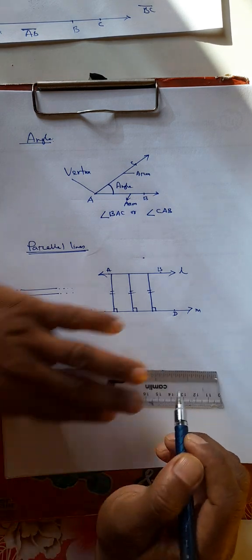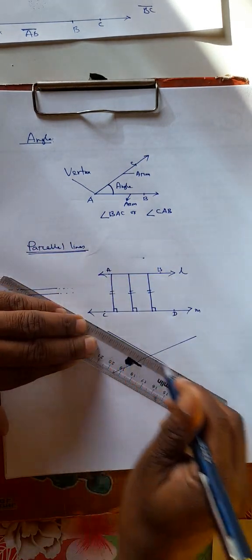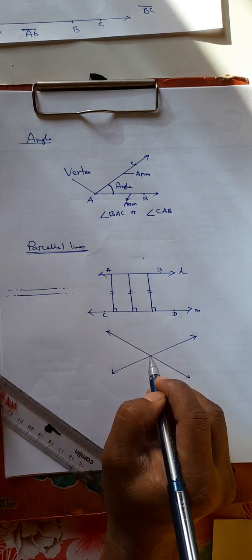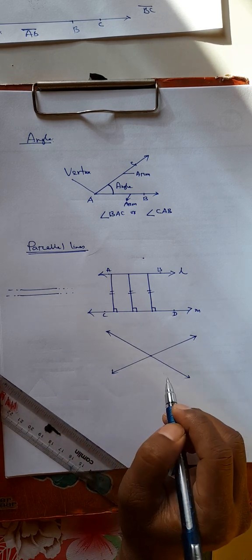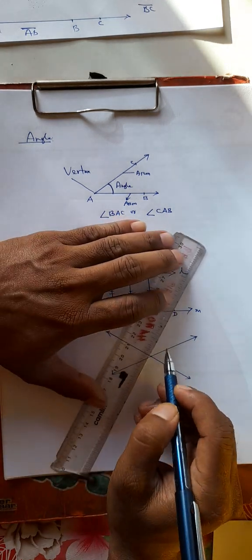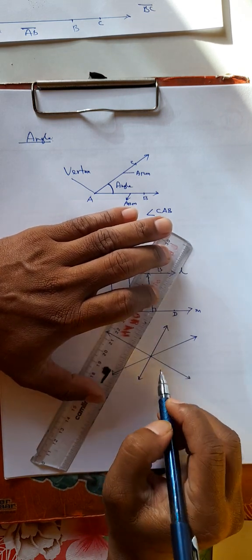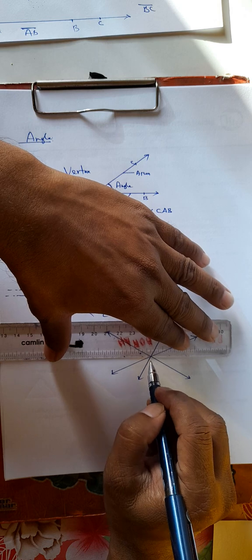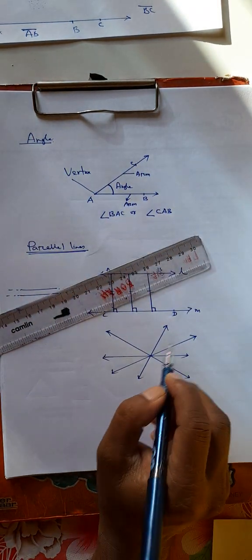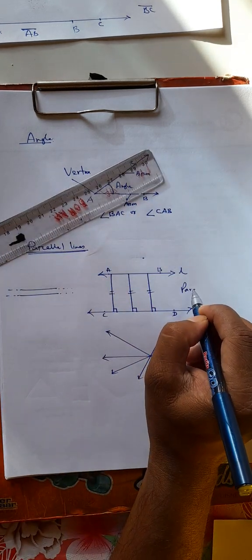So what are intersecting lines? Suppose they have a common point. Intersecting lines means they are passing through a common point. You can make infinitely many lines through a point. So these are called intersecting lines, and these are called parallel.